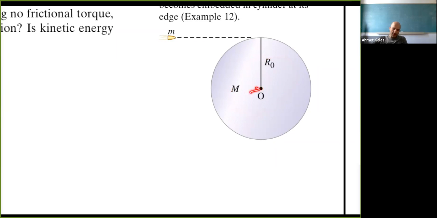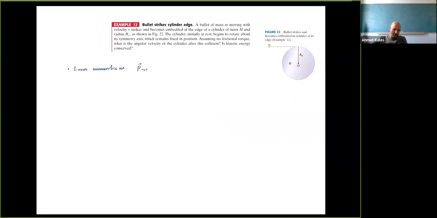There must be a contact force here if you try to move this disk. And if there is a force, there cannot be momentum conservation. So P total is not constant. Linear momentum is not conserved.